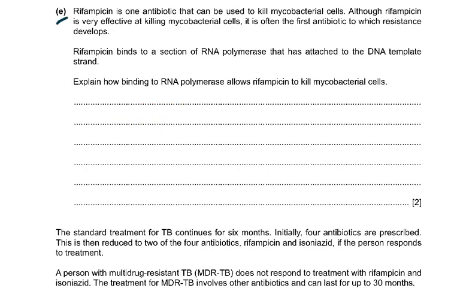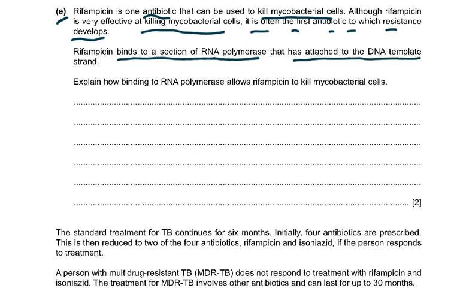The question says rifampicin is one antibiotic that can be used to kill mycobacteria cells. Although rifampicin is very effective at killing mycobacterial cells, it is often the first antibiotic to which resistance develops. Now, again, the question syllabus is antibiotic resistance. Rifampicin binds to a section of RNA polymerase that has attached to the DNA template strand.